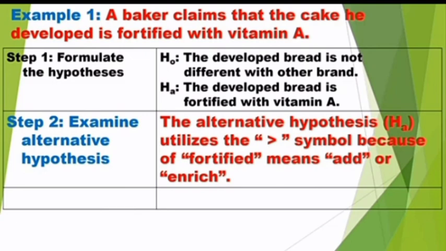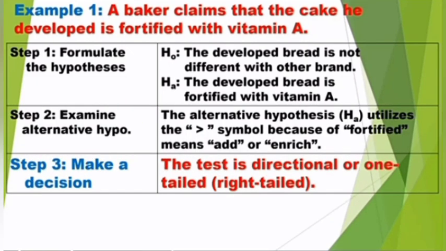It utilizes the greater than symbol because of the word fortified, which means add or enrich. The test is directional or one-tailed, on the right tail of the normal curve.